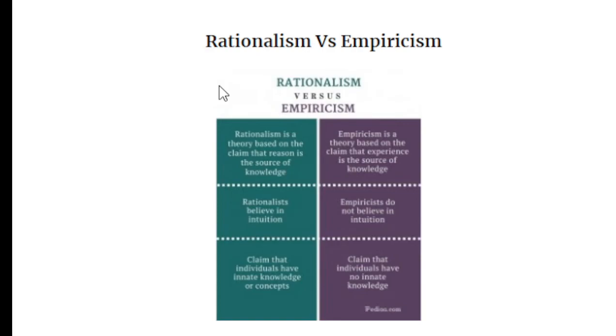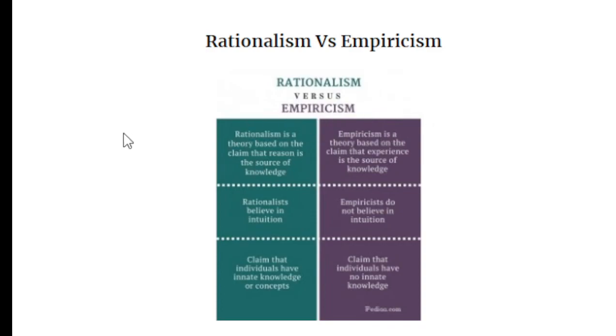What this means is that a rationalist will say, okay, I can make sense of the world, I can gain knowledge just by thinking and intuition and my intellect. On the other hand, an empiricist will say that no, thinking and intuition and intellect, that's not what gives us knowledge. The knowledge you get is only from your senses.